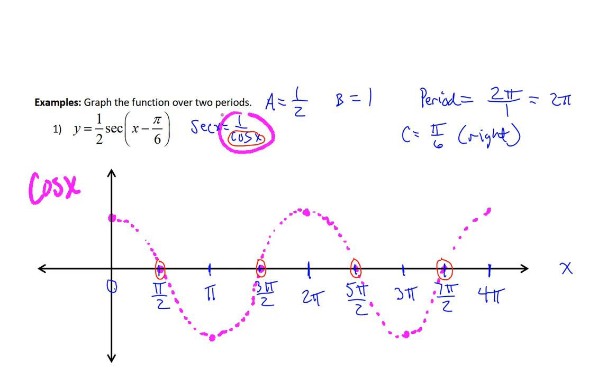If secant is really 1 over cosine, and you can't divide by 0, then wherever cosine is 0, you would have a problem, or in other words, a vertical asymptote, and that's exactly what we're seeing. So everywhere this cosine parent function, this curve which we're not trying to draw ultimately, hits 0, we have a vertical asymptote.